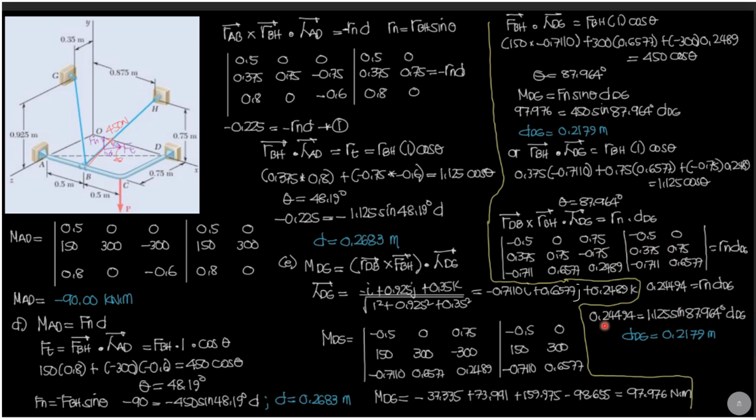The result is 0.24494, which equals r_BH sine theta, the perpendicular component of r_BH perpendicular to axis DG, times the perpendicular distance between the lines BH and DG. Solving for the perpendicular distance, it's also 0.2179 meters.